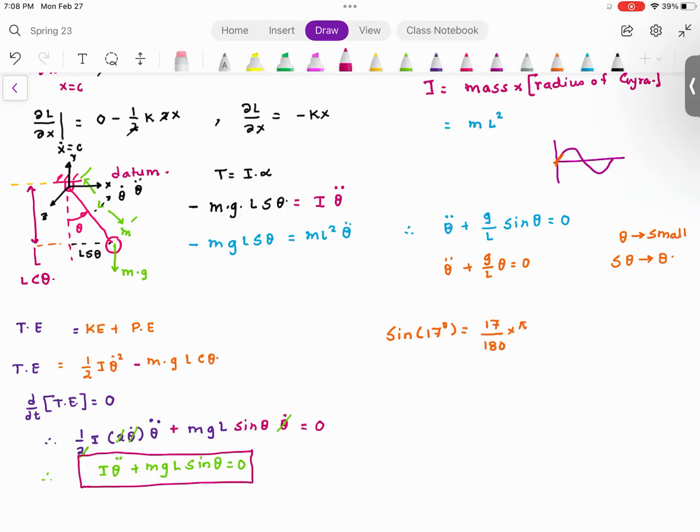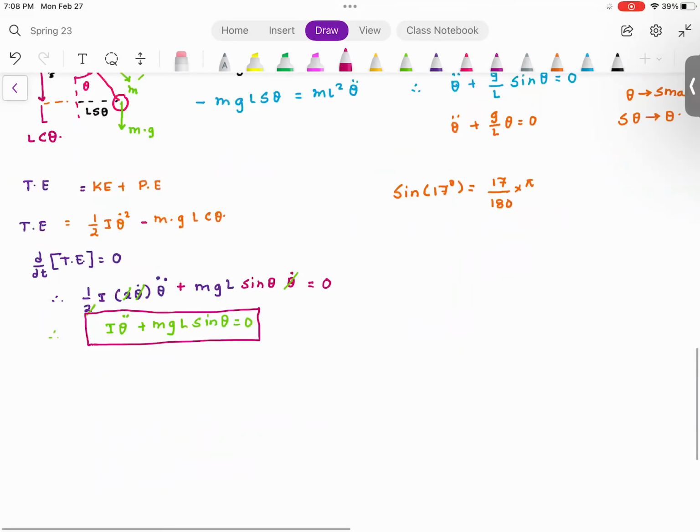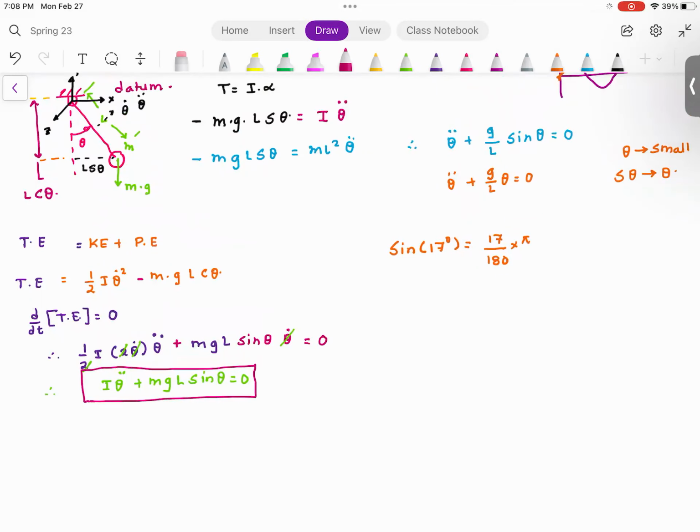Everyone understood this? The last part remaining is deriving the exact same equation using the Lagrangian approach. And let me tell you, this would probably be the only time that I'm going to derive these equations by hand. From next class onwards, we are going to use the forward kinematics, and our job is to find the kinetic energy and potential energy.